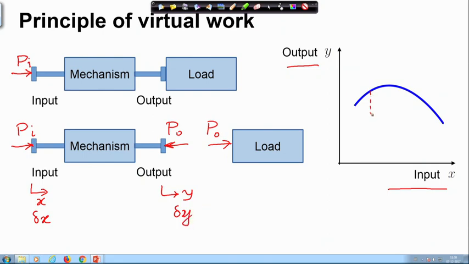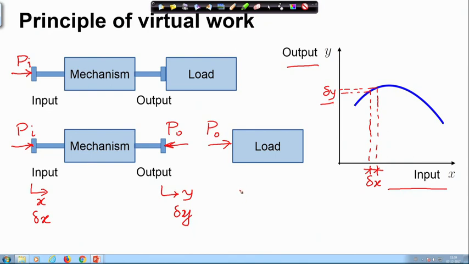So, I have virtual displacement delta x here, and from the displacement relation I should be able to find out delta y corresponding to the input virtual displacement delta x. I can find out the output virtual displacement delta y.